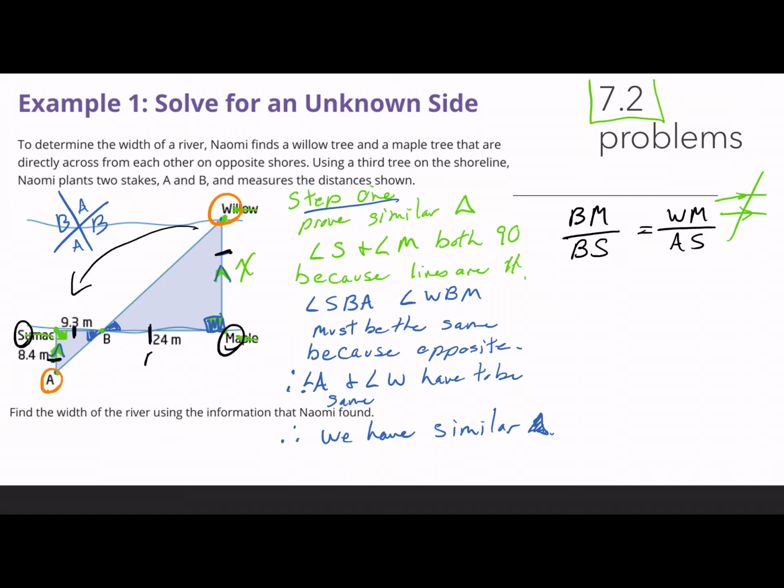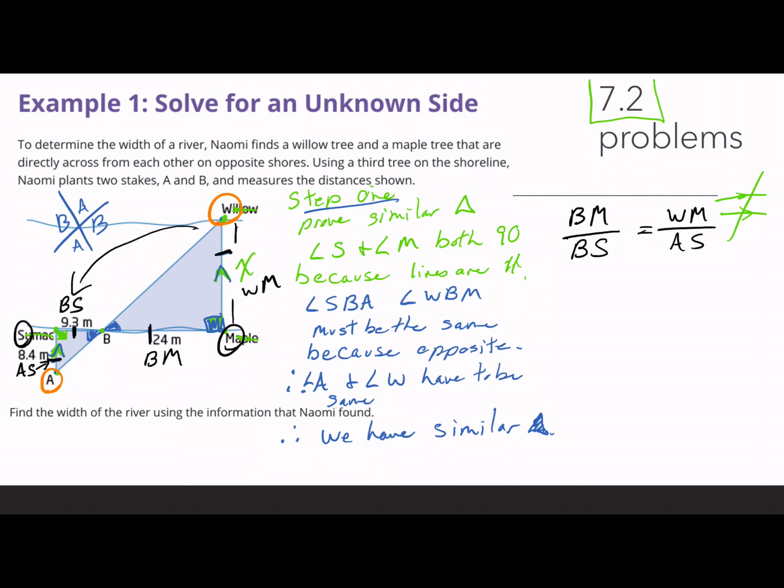So if you understand, this is BM, this is BS. This one is AS, and X, what we're trying to find, is WM. So these are different ways of naming the lines. We're naming the lines by both of their points. This one is a lot of notation. I don't think it's difficult as far as the math, but as far as the notation and understanding the diagram, yes, it can be tricky.